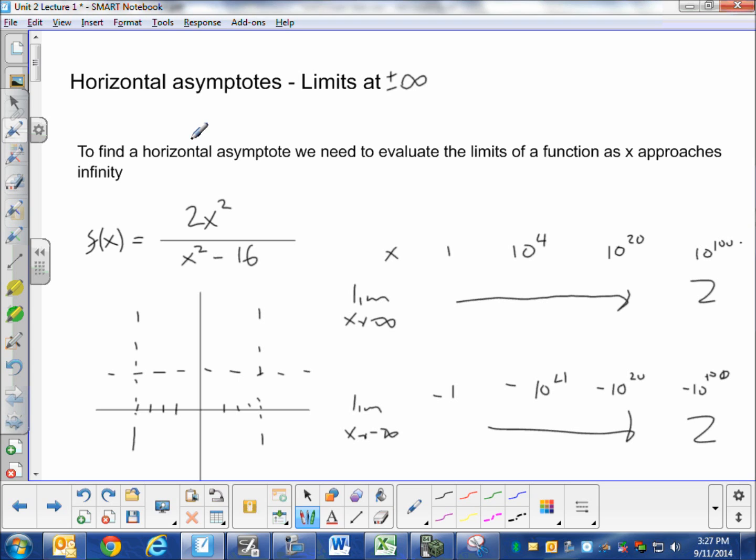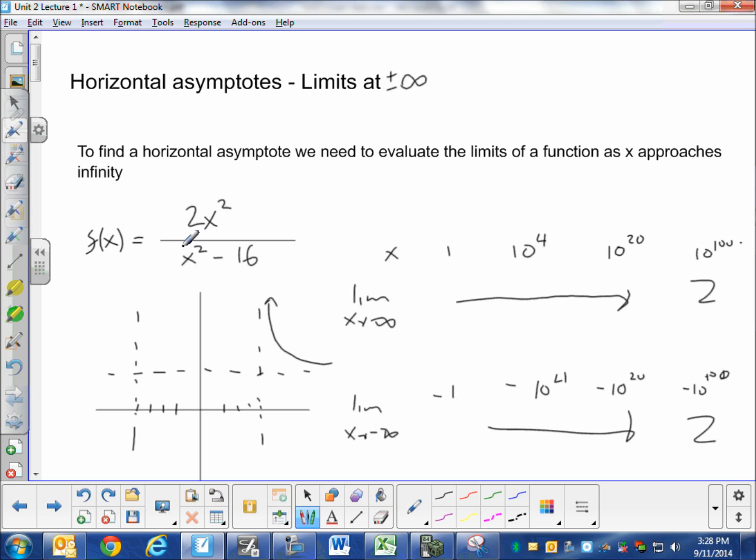So 4 from the right, that's 4.001. Square it, it's a number a little bit bigger than 16. Subtract 16 from that number a little bit bigger than 16. It's a number that's approaching 0 from the right. This will be positive. Now from the left, 4 from the left, what is it going to be? Positive or negative infinity? 4 from the left.